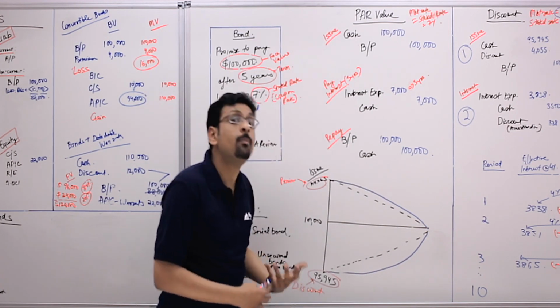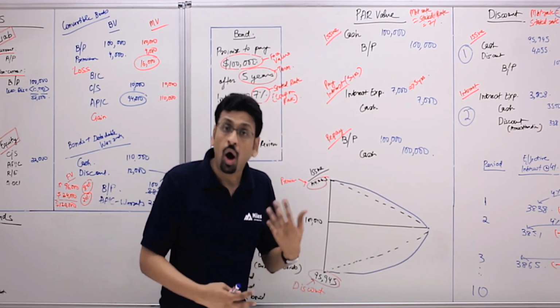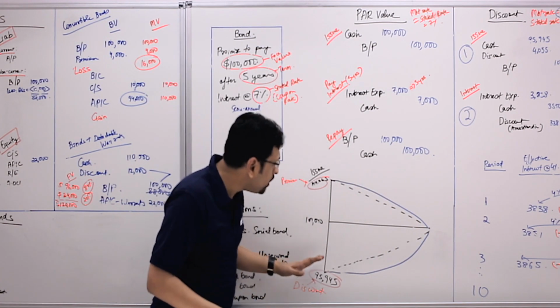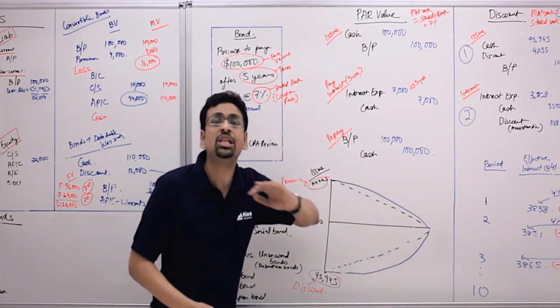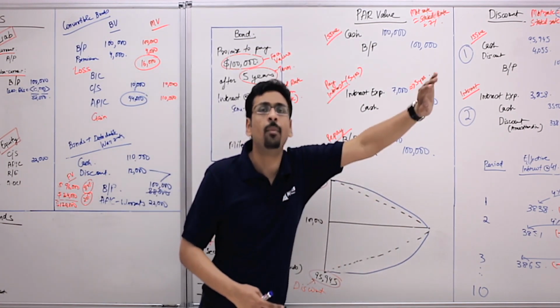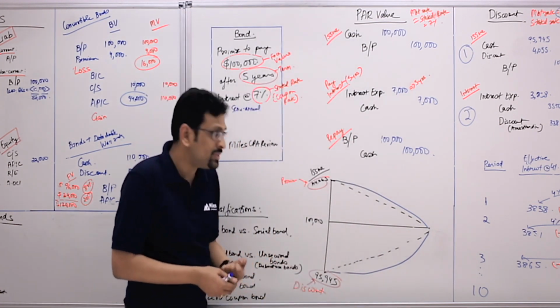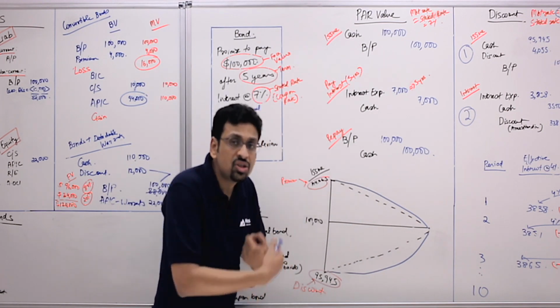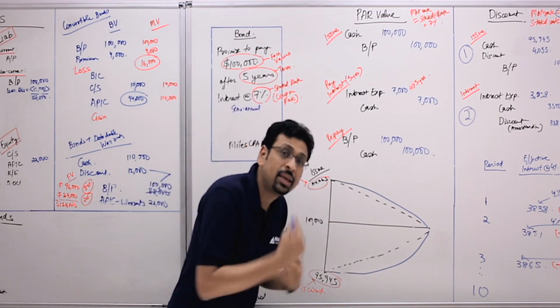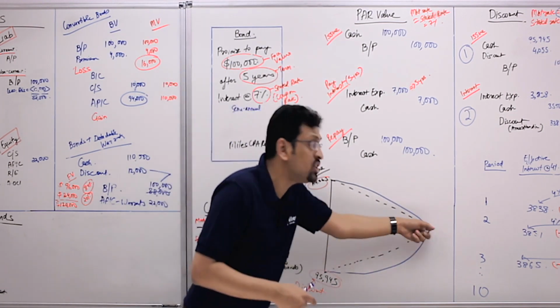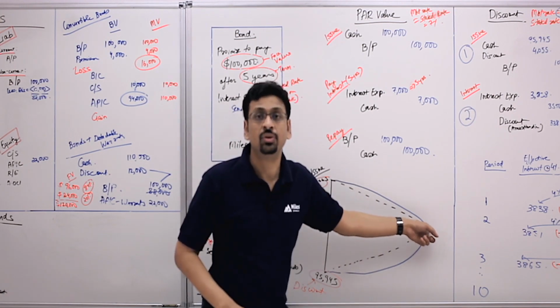We do that by amortizing the discount. On the straight line method, the amortization is the same amount each period, a steady amortization. Under the effective interest rate method, what happens is initially the amortization is a little slower, and then we pick up pace later so that we reach this $100,000 in 5 years.